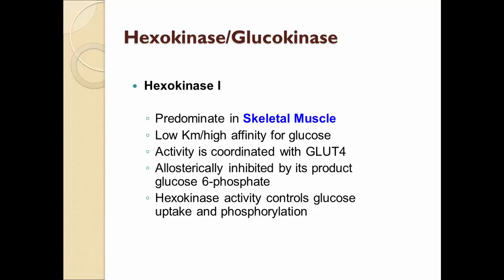Hexokinase, because it is abundant in skeletal muscle, usually works together with GLUT4, because GLUT4 is also highly expressed in muscle, to control glucose entry into muscle cells and to catalyze the first reaction of glycolysis in the skeletal muscle.